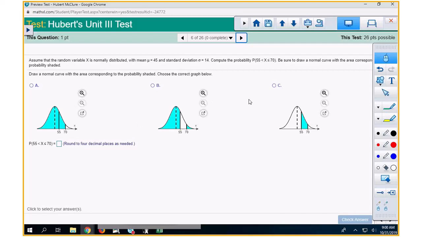Okay, this is z-score. We did one like this. Whatever day we came last. What's today? Tuesday? Tuesday we came last. We did one like this Tuesday. And it's between 55 and 70. So it's going to be C. You draw your picture. And if your question gives you a picture, you just draw on the monitor, right?